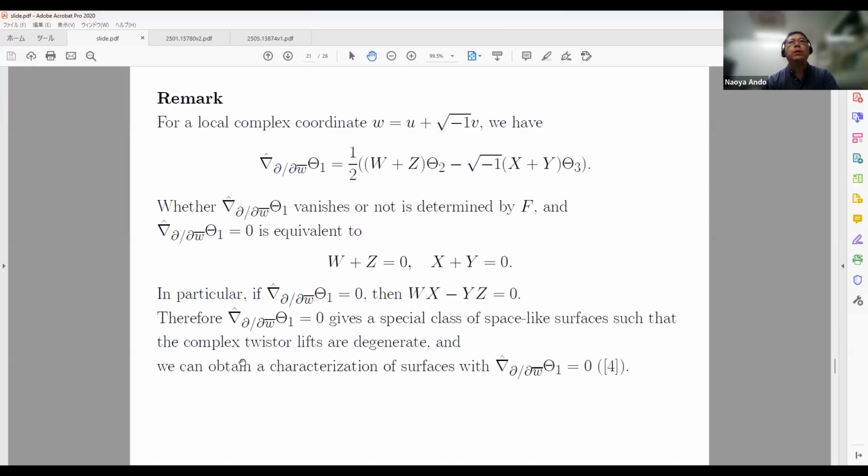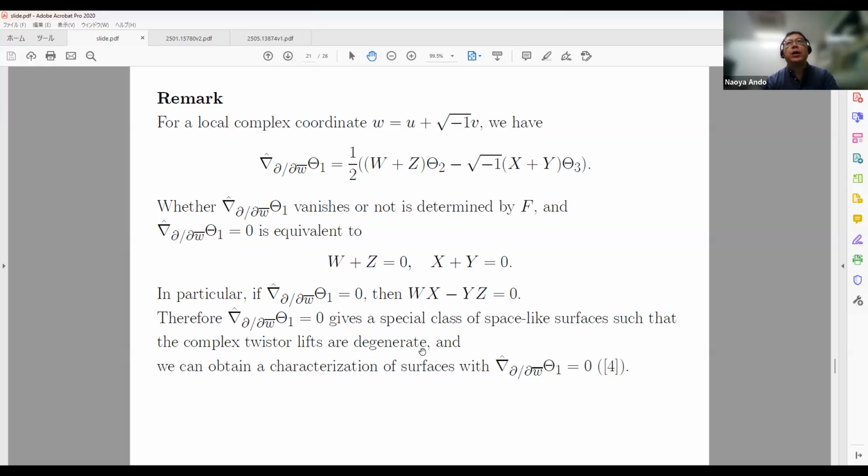So we see that the complex twister lifts are given by theta 1 and theta 1 bar, and this condition gives a special class of space-like surfaces such that the complex twister lifts, which are given by theta 1 and theta 1 bar, are degenerate.